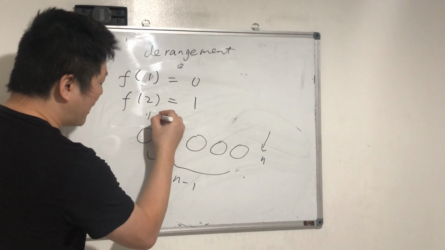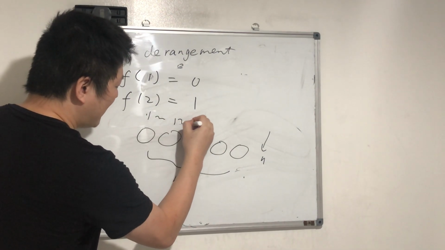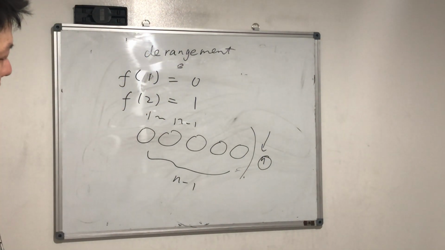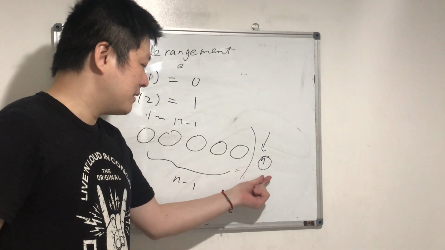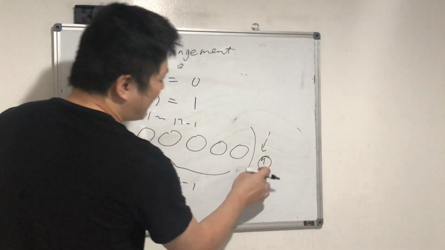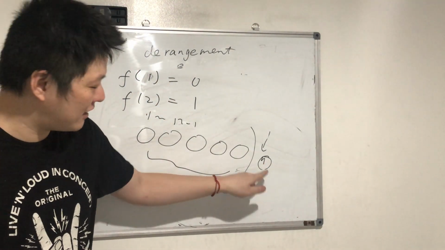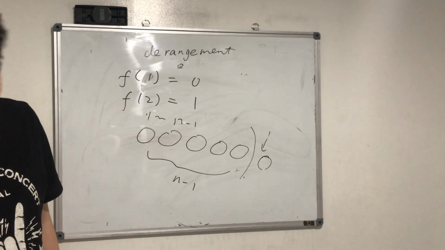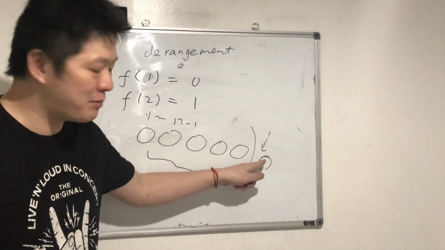I cannot put it in the last position, because the original position of n is there. So how many positions can I put the n?